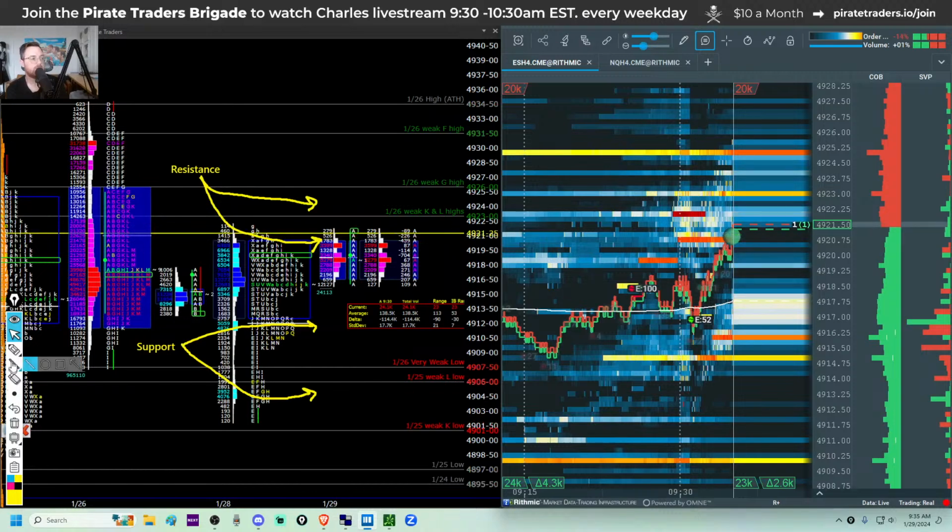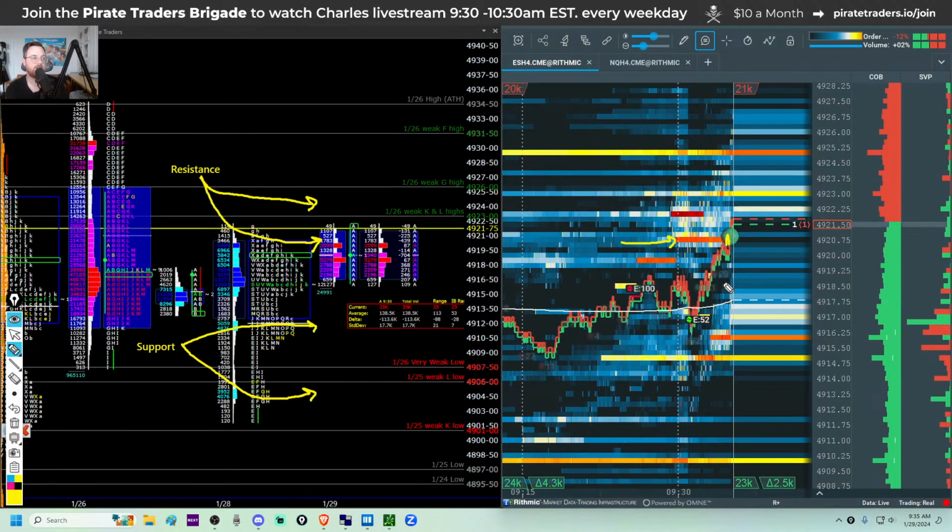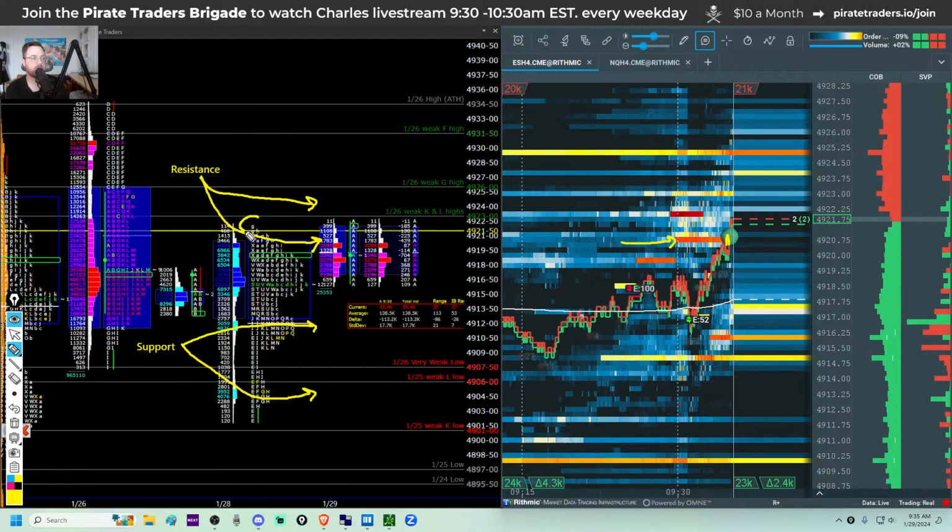Okay, so we were able to poke up and take out this little node of liquidity that was up here. Those orders did fill. We took out some stops as well. So that's a little bit bullish to see. That increases the odds we're going to poke above the overnight high, which we're doing right now.